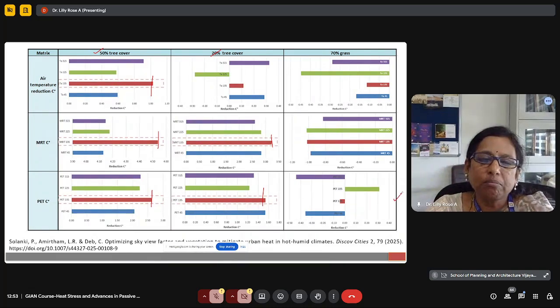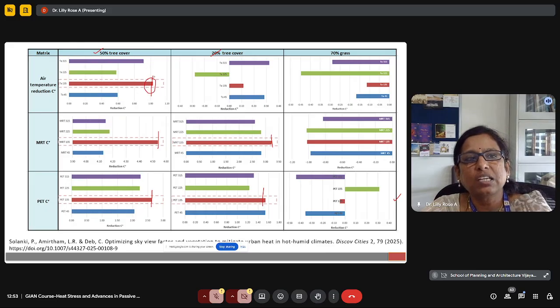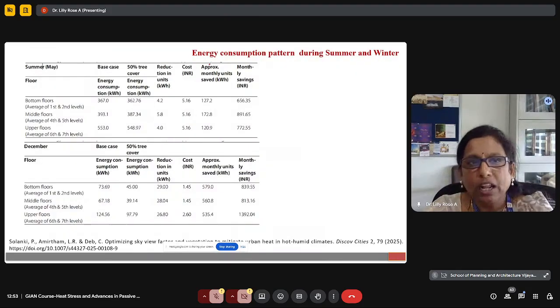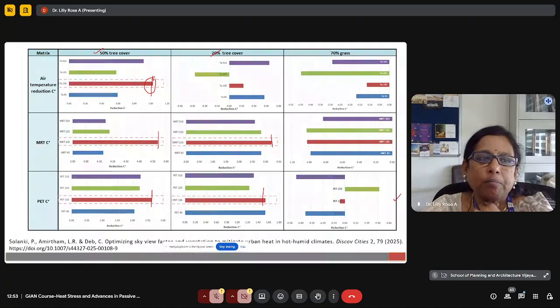After doing this study, we realized there was a reduction of 1 degree Celsius with 50% tree cover, and we wondered how this could impact indoor energy consumption. So we modeled this meteorological condition scenario.